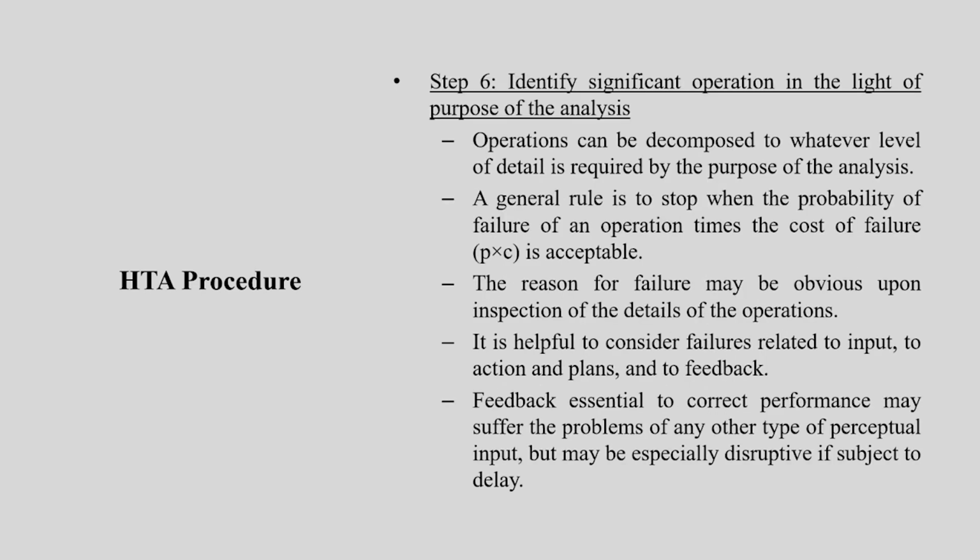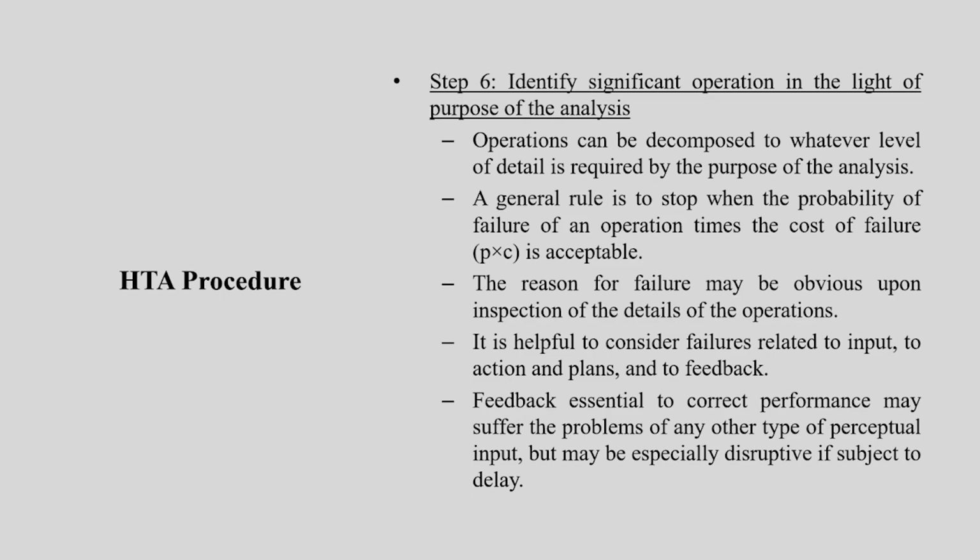Then is your actual analysis. So, identify the significant operation in the light of the purpose of the analysis. How do you do that? Operations can be decomposed to whatever level of detail is required by the purpose of analysis. So, at what level can you fix it?